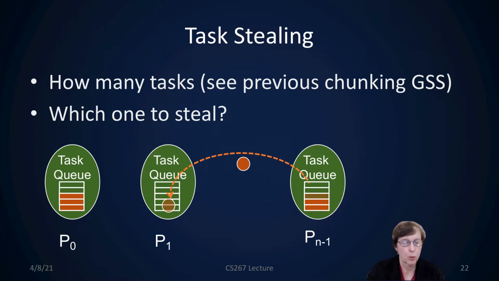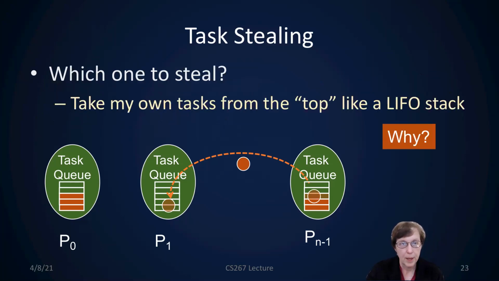And the other question is, which one do you want to steal? And typically when you're implementing one of these task schedulers, these task queues, you want to always execute your own from the top of the queue or the top of the stack, like it's a last in, first out implementation. And so why is that?